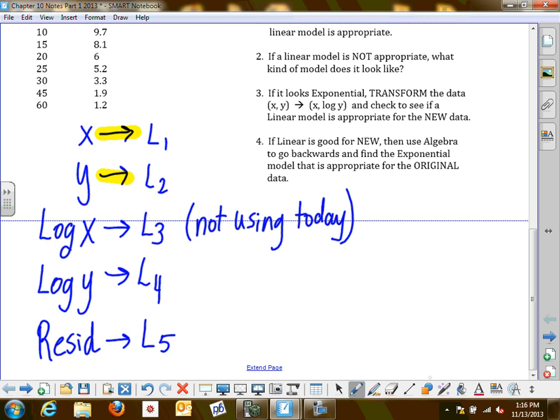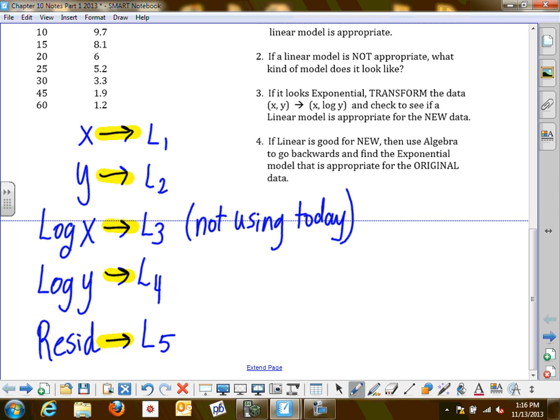But I want us to transform in L3 and L4 using logs. We're going to end up putting the condensed x's in L3 and the condensed y's in L4, which means I'm bumping your residual placement to L5. If we keep doing those same ones, then we are always consistent and we know what's in each list. It's not a question each time.